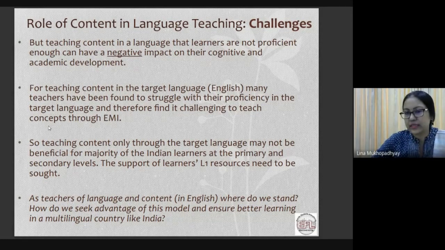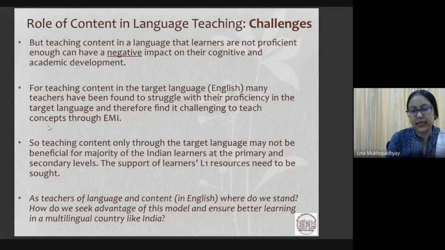However, in today's presentation, I'm not looking at problematizing the use of CLIL or content-based instruction in the primary or secondary levels, but I'm pitching it at the level of teachers, teacher educators, and undergraduate, postgraduate, and research scholars.